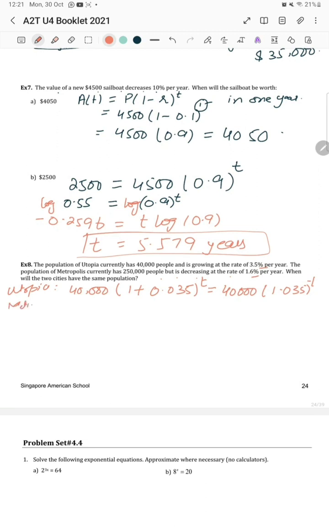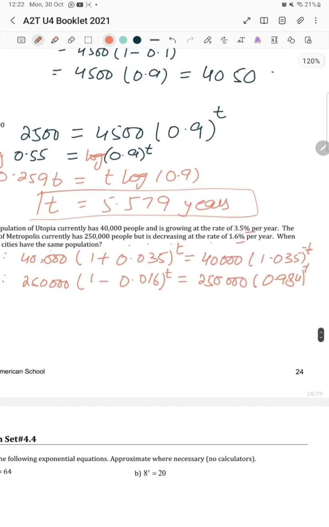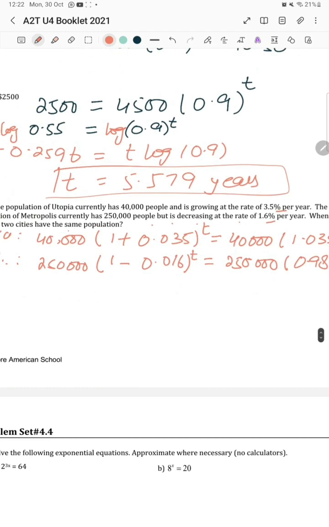Metropolis, okay, it has 25,000 population, which depreciates, so 1 minus 0.016 to the power t, which is 0.984. Okay, so now we need to find t. When will the two cities have the same population? If we're going to find t, we will equate the two equations.